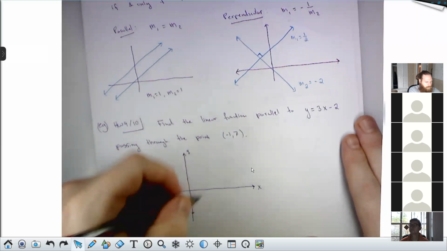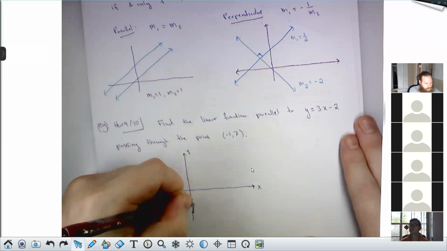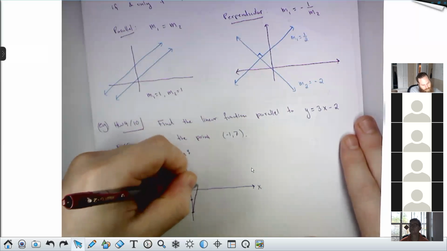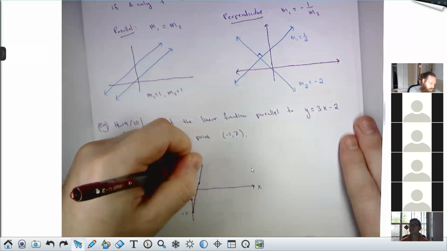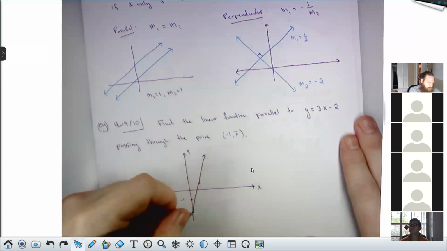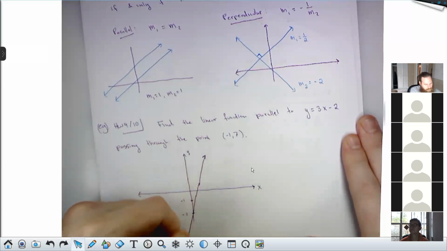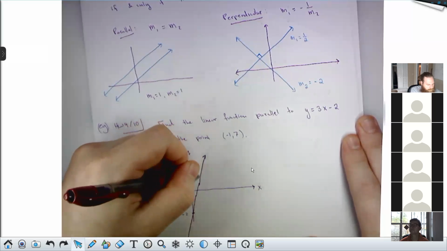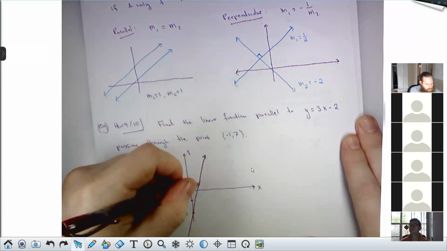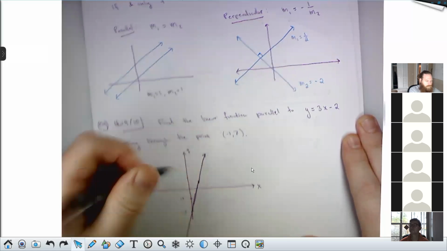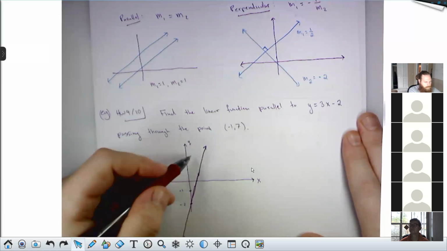Line 3x minus 2 looks something like this. It has a steep positive slope. All right, the slope is 3, meaning every time I go over 1, I go up 3.